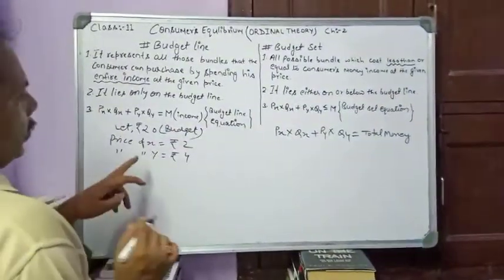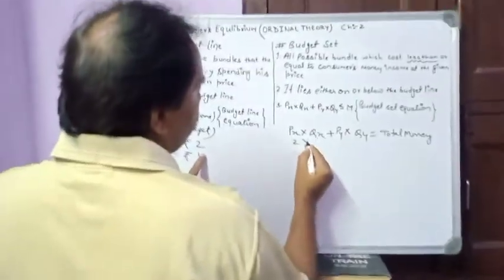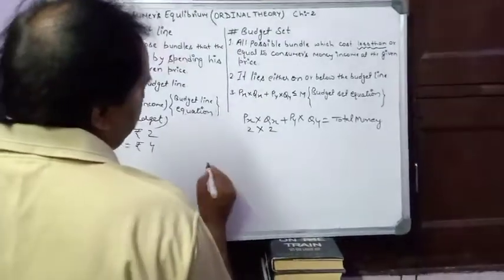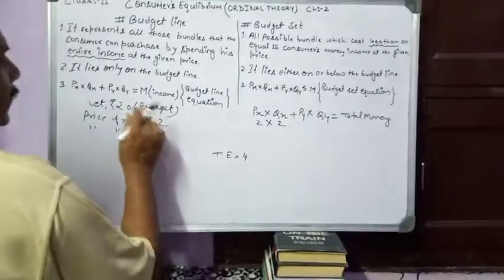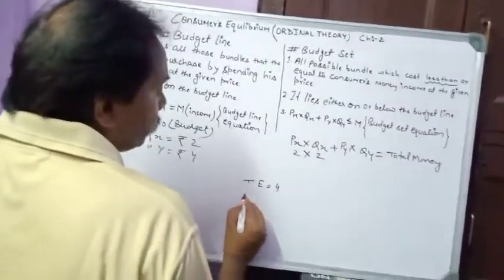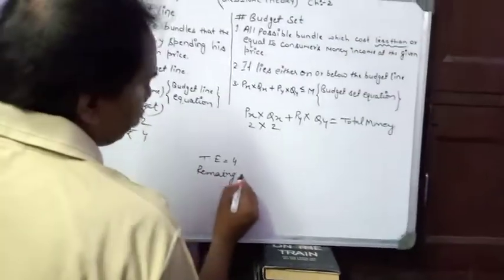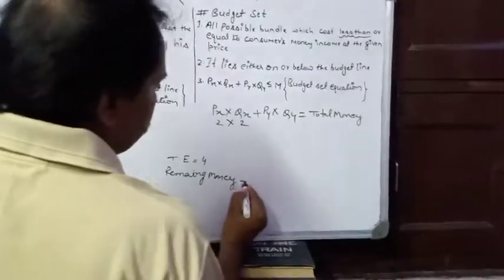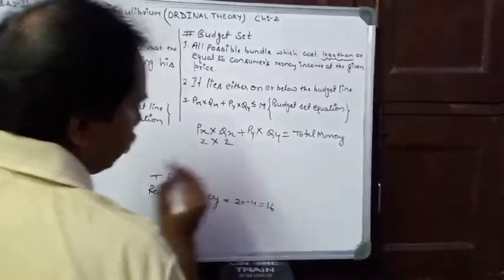Suppose the price of commodity X is 2 and he buys 2 units, so his total expenditure is equal to 4, and he has 20 rupees. So the remaining money is 20 minus 4, which is equal to 16 rupees.